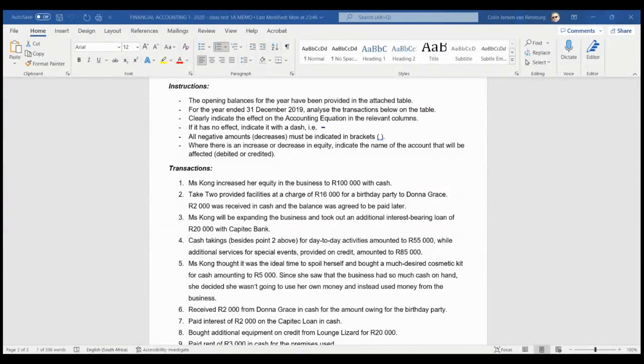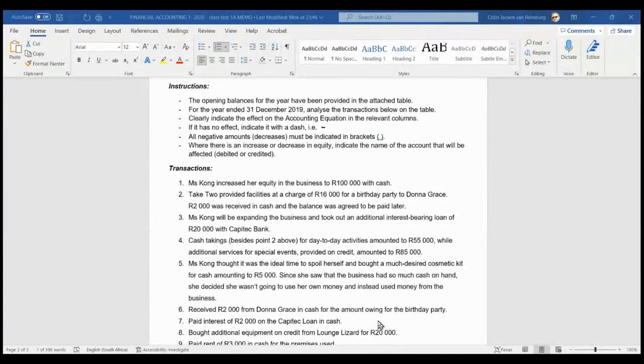Now her equity stands at what? At what balance? Absolutely. There we go. Thank you, Nalindi. Thank you, Zubaida. There we go. Now it should stand at 100,000 because she increased her equity to 100,000, not by 100,000, not with 100,000.